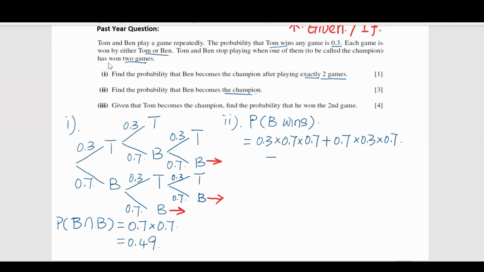All right, or Ben wins 2 games, 0.7 times 0.7. Okay, then we can do the calculations and we will get the probability to be 0.784. So that is how we calculate the probability that Ben wins and becomes the champion.